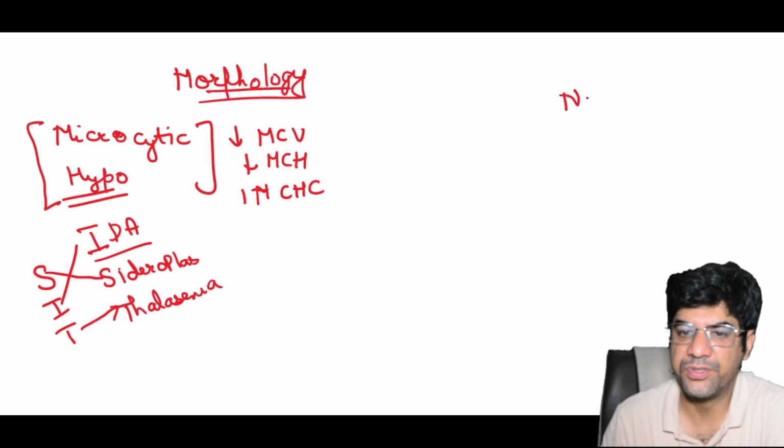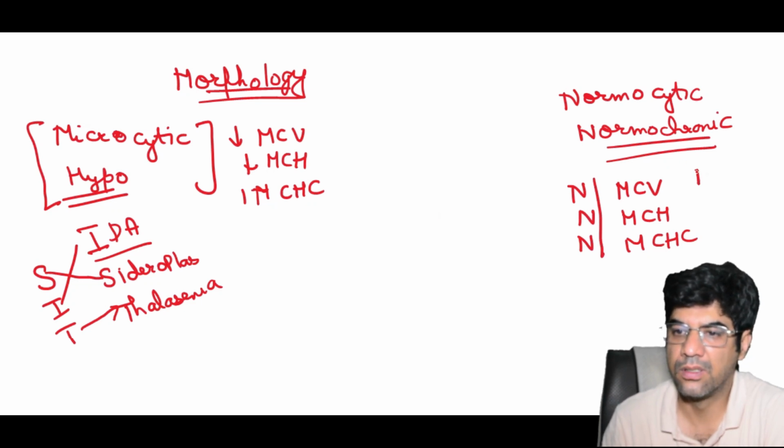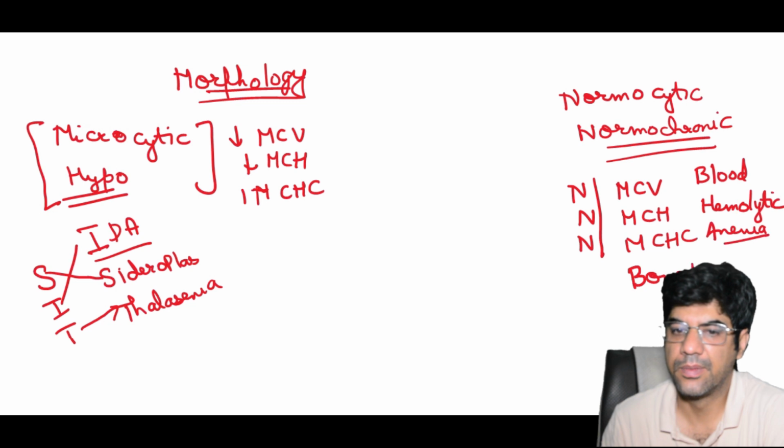The other is normocytic normochromic anemia. Here you will see normal MCV, MCH and MCHC. That would be seen in acute blood loss, hemolytic anemia, bone marrow failure, or anemia of chronic disorder.